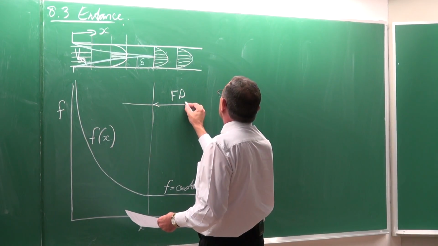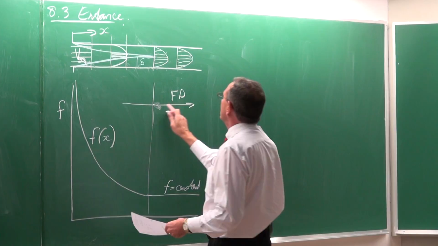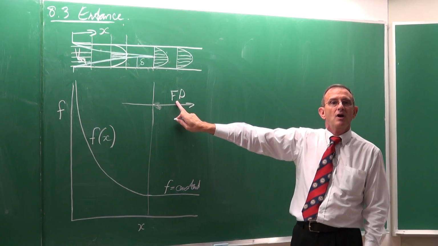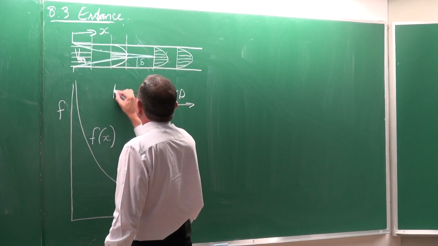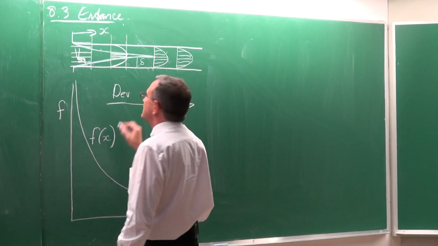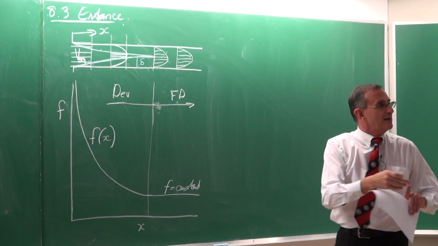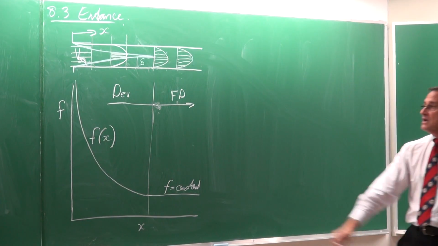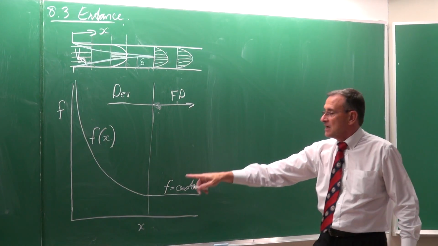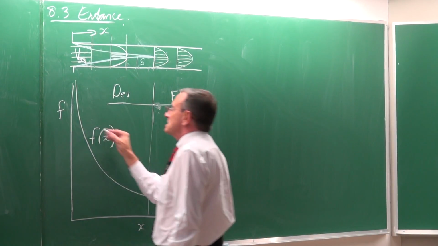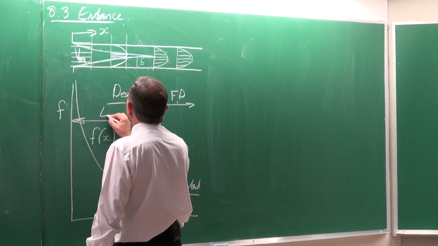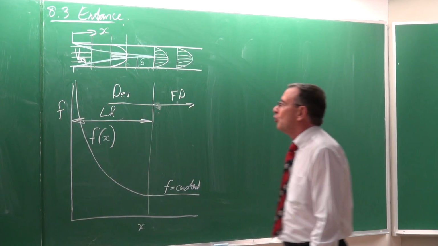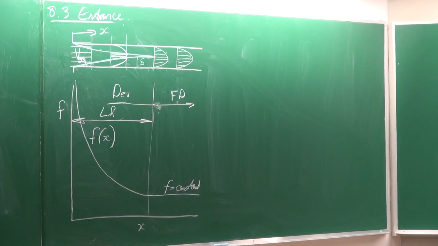And downstream of this point, we are going to refer to the flow as fully developed. And on this part, we are going to say the flow is developing. It's developing, it is not fully developed. Here the flow is fully developed. This distance is known as LH, the length, how long it will take before the flow is hydrodynamically fully developed.